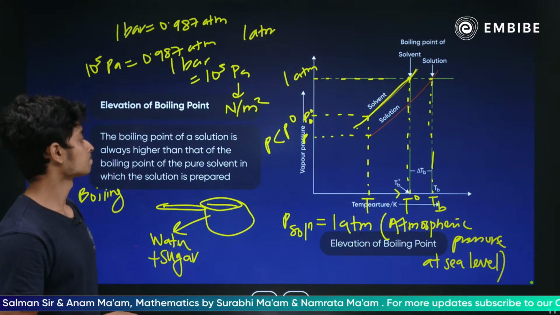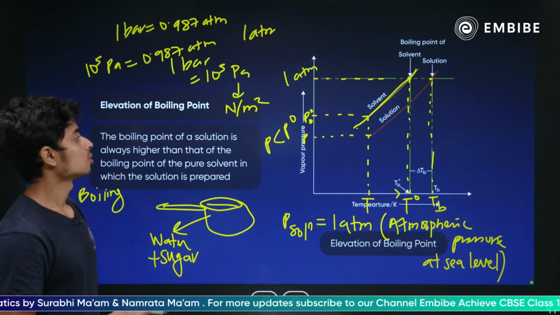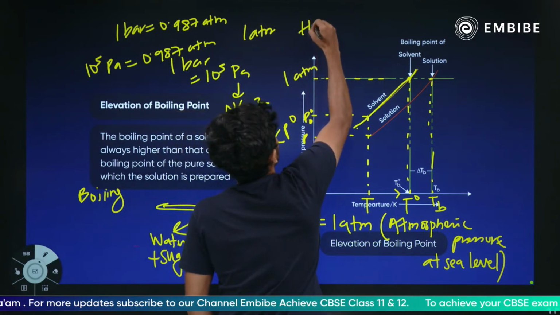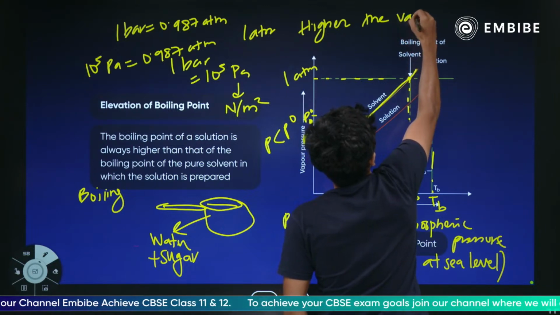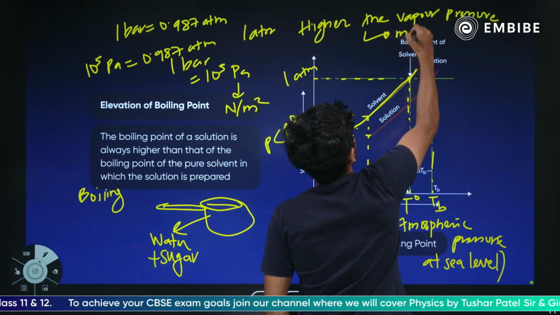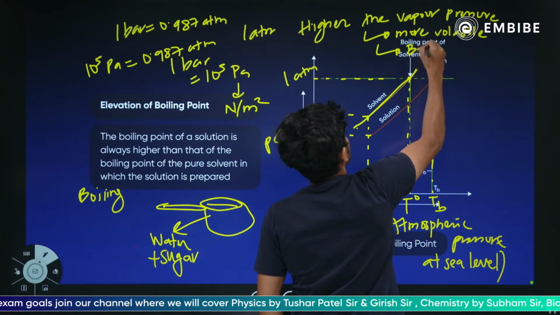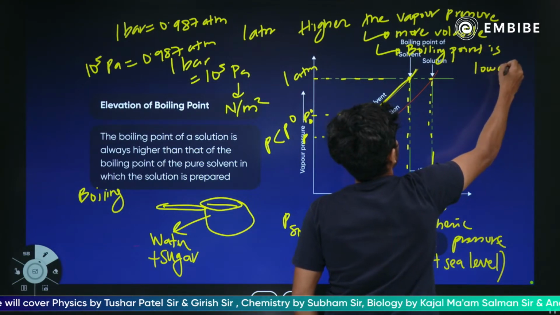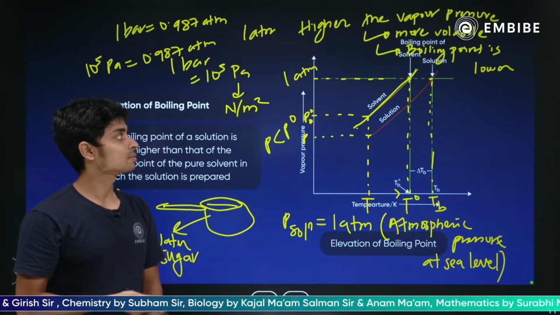Okay, the relation you can just say is: higher the vapor pressure, that means the liquid is more volatile, which means its boiling point is lower. Saying inversely proportional is not ideal because we don't know the exact mathematical statement.